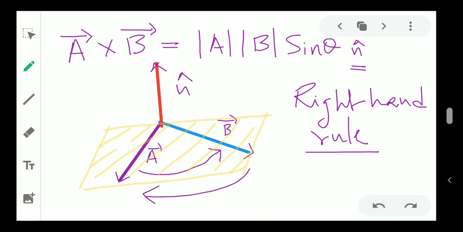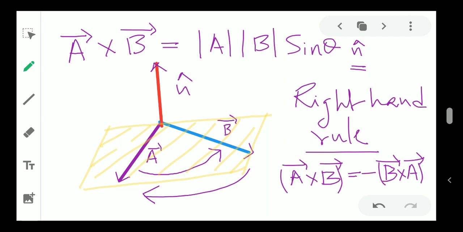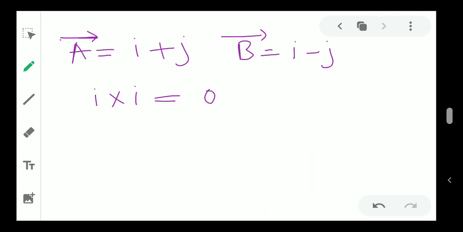So one thing is clear: the direction of a cross b is opposite to the direction of b cross a. You have to be very clear that a cross b and b cross a are not the same thing.